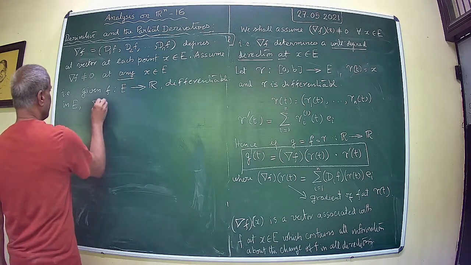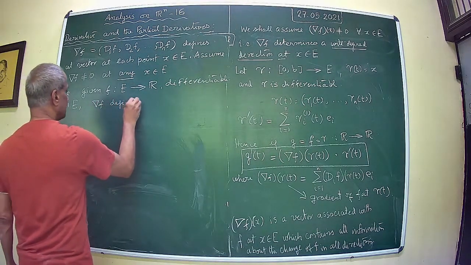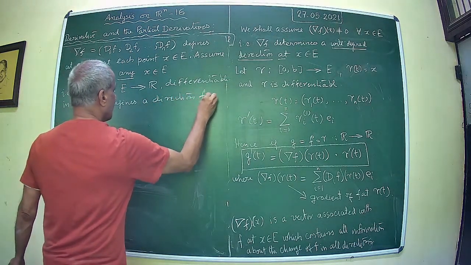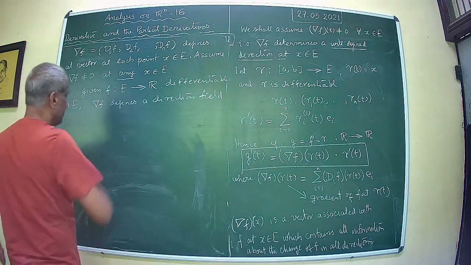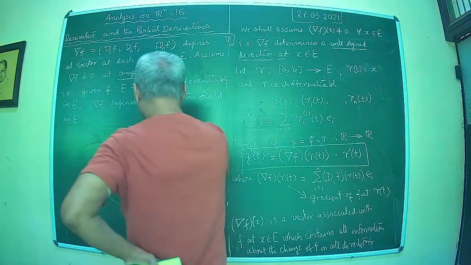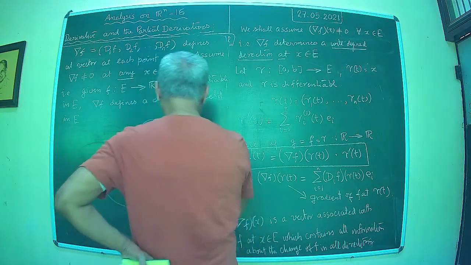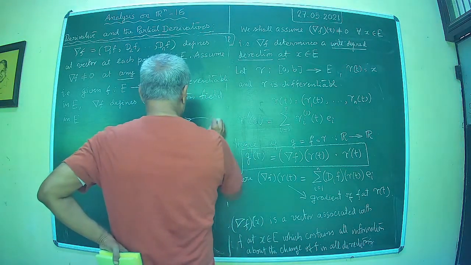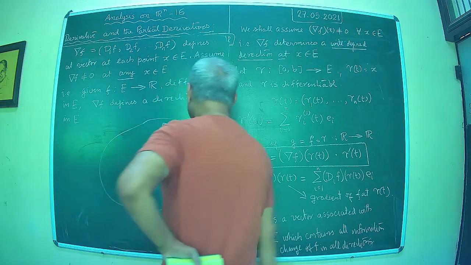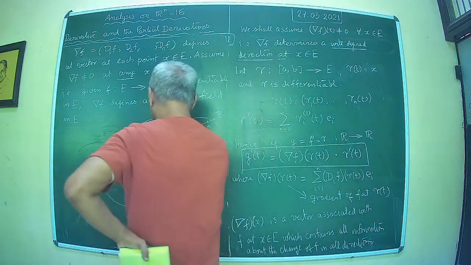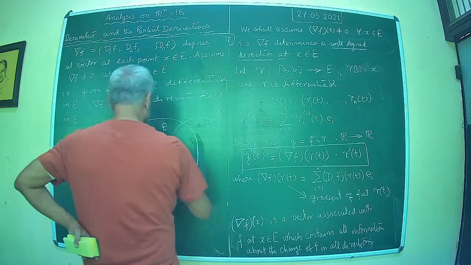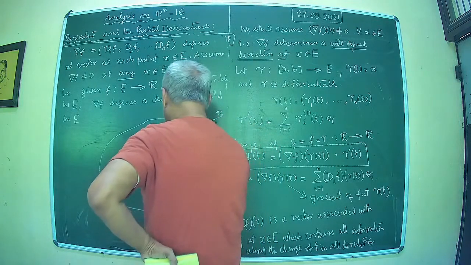grad f defines a direction field. This is E and f is given, to R, then you see that at each point you have a direction field here.